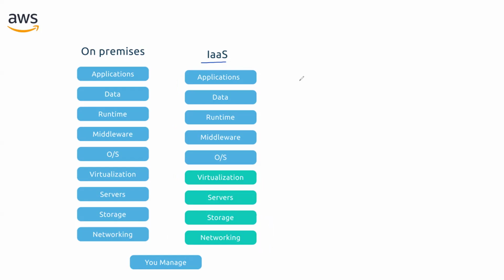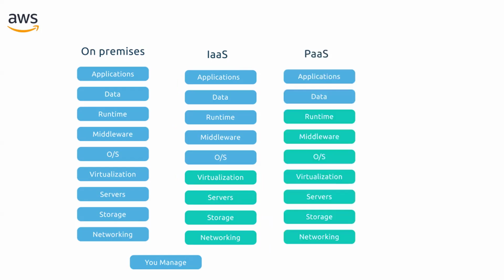I hope you understood what IaaS is, that is infrastructure as a service. Now we are going to talk about the second model here, PaaS, that is platform as a service.